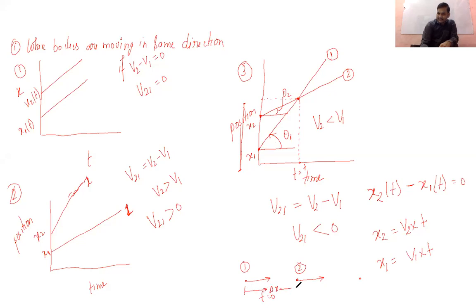At time t both will be at the same point. But after a certain time, this one will move ahead. So this is the case when the first person has greater velocity than the second.